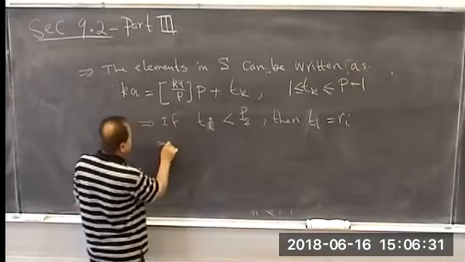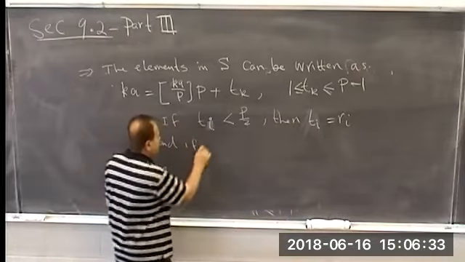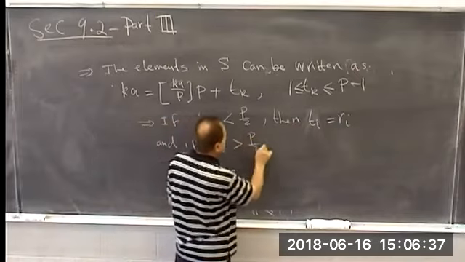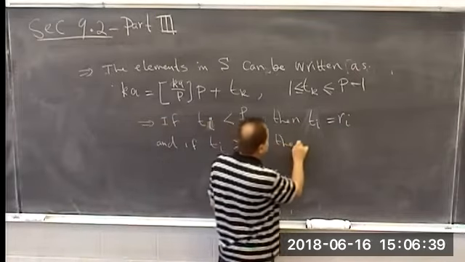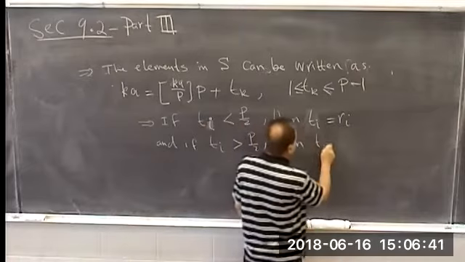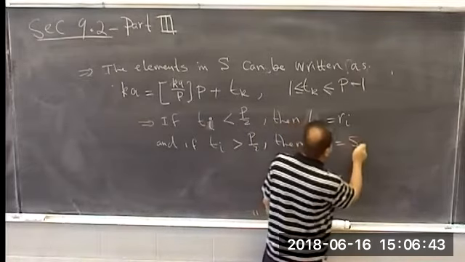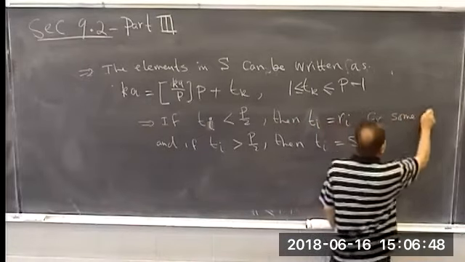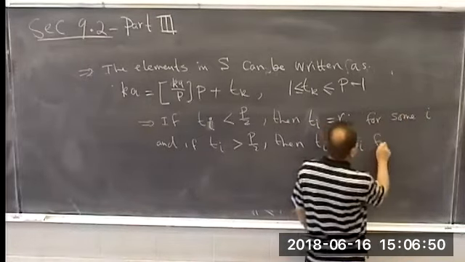And if T sub i is bigger than p over 2, then T sub i is going to be equal to S sub i, for some i, of course. And this one is this.